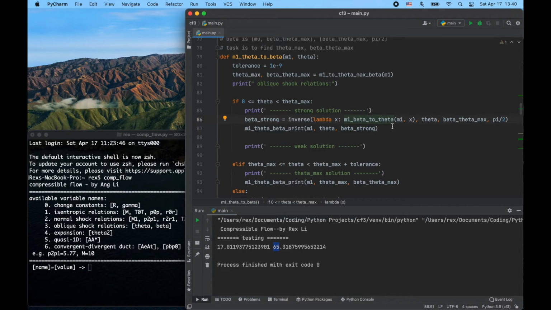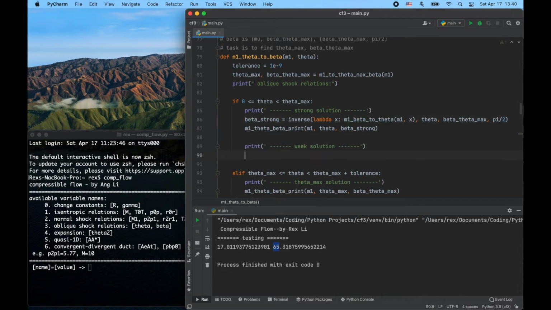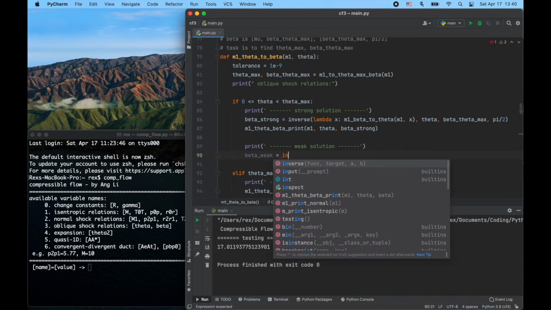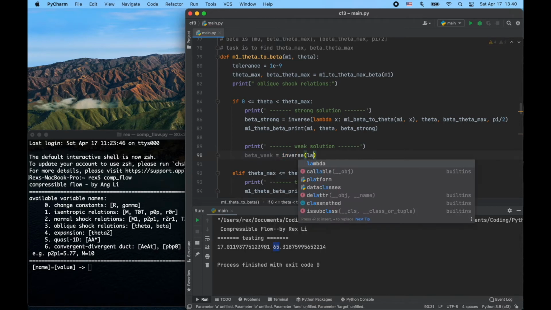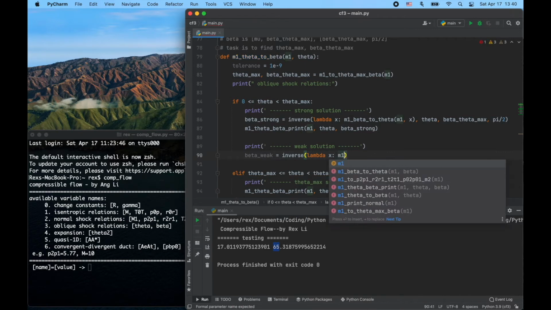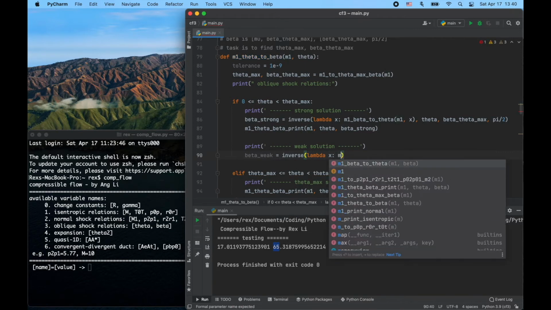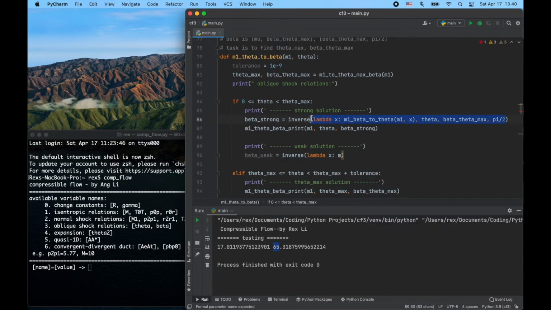Similarly, the weak solution for beta is, okay, these are the same except the range.